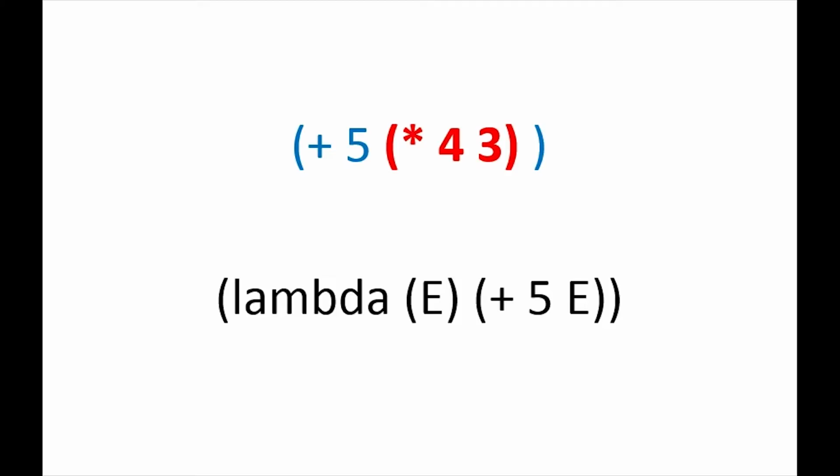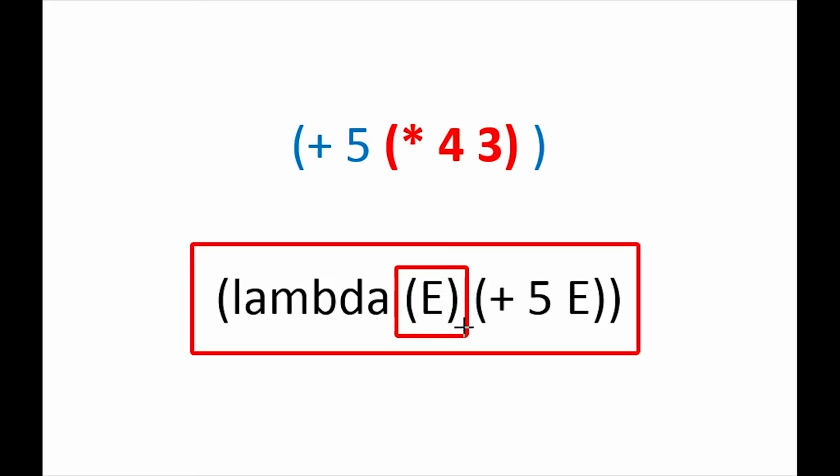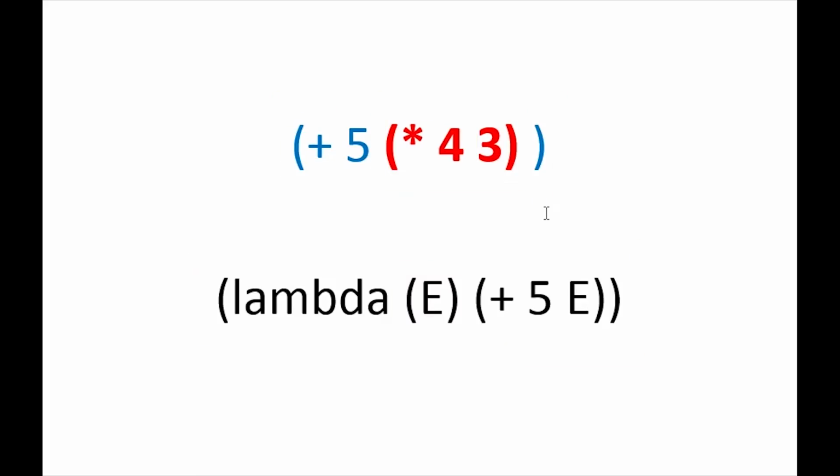So this adding 5 to can be represented as this body in this lambda expression, and E corresponds to the red E in this context.